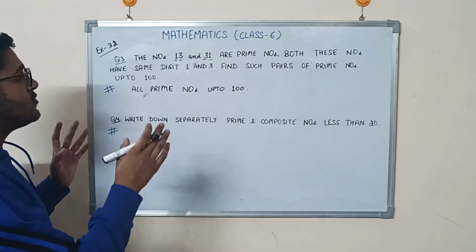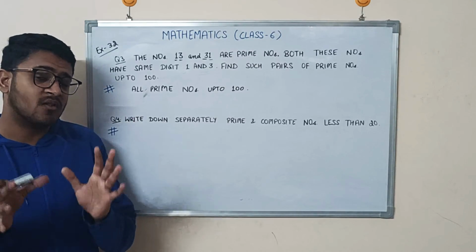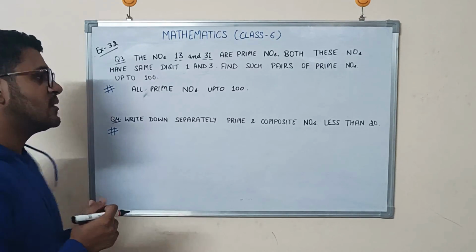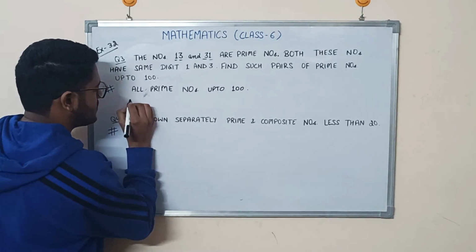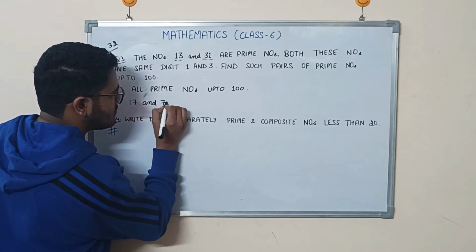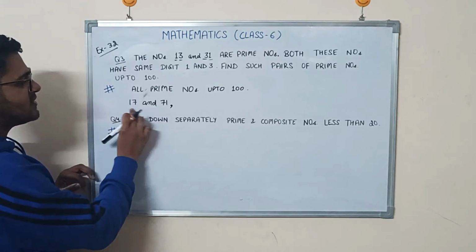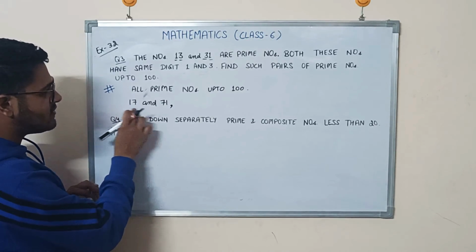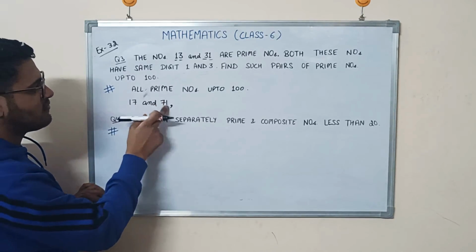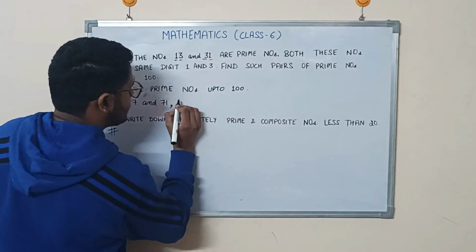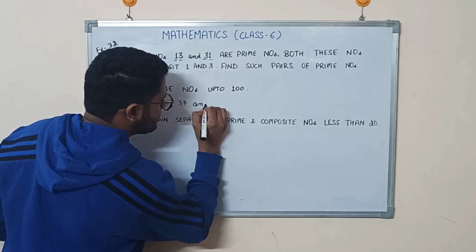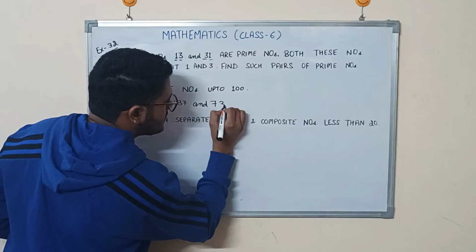Then you have to find all such prime number pairs which are composed of the same digits. For example, 17 and 71. This is one pair, where both 17 and 71 are composed of 1 and 7. The second pair is 37 and 73.